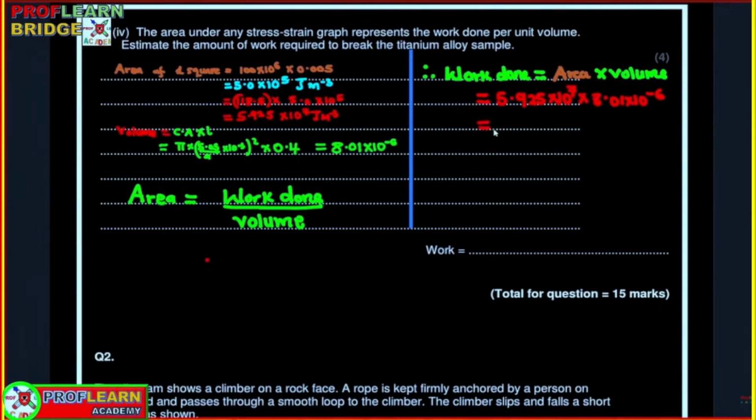Working this out, we get 474.6 joules, which is 4.7 times 10 raised to the power 2 joules. This is the work done to ensure that the titanium alloy sample is broken.